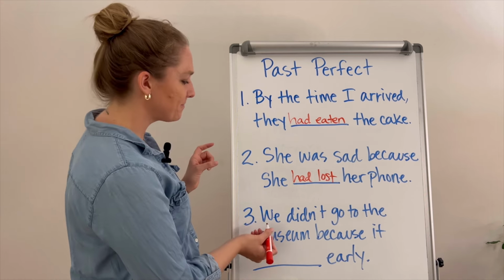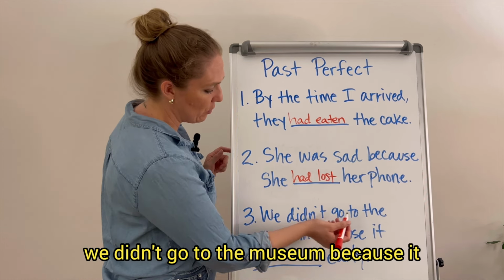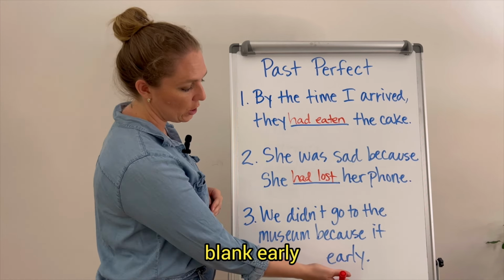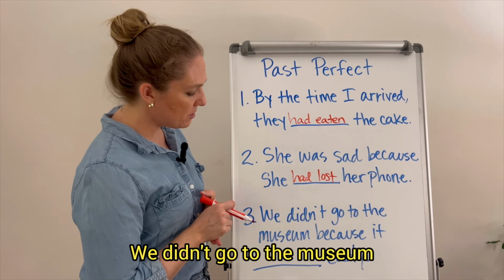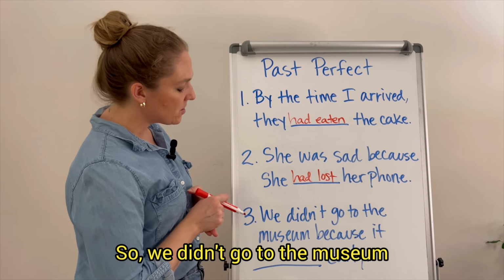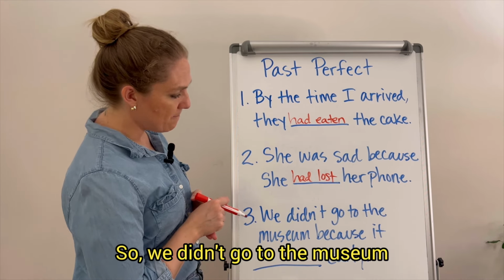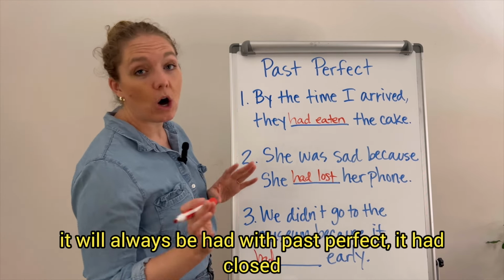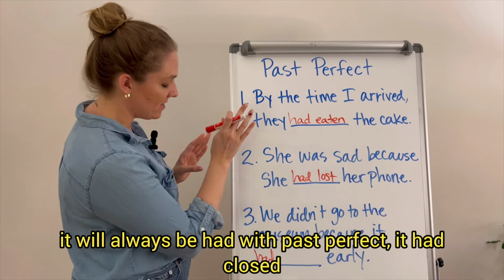And number 3, we didn't go to the museum because it blank early. So we didn't go to the museum because it will always be had with past perfect.